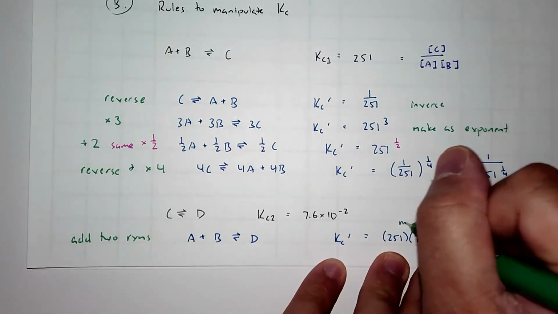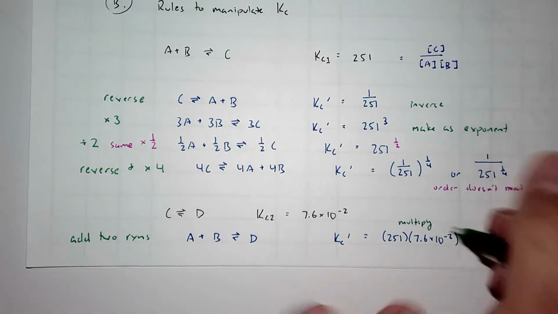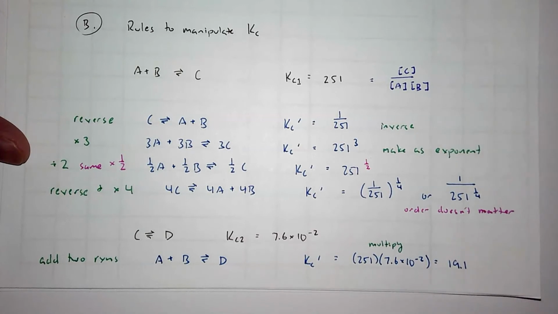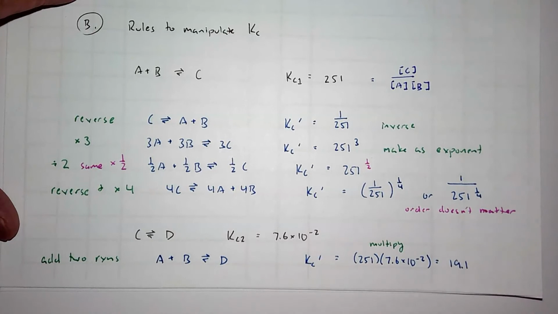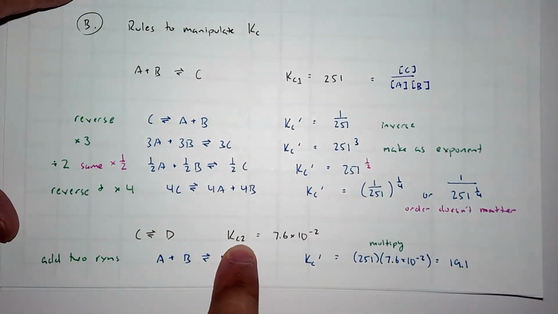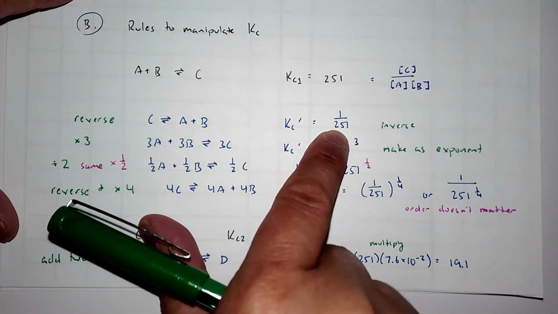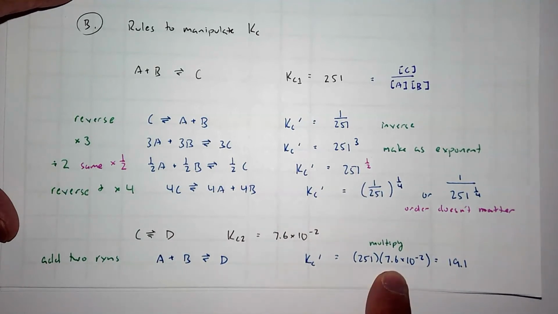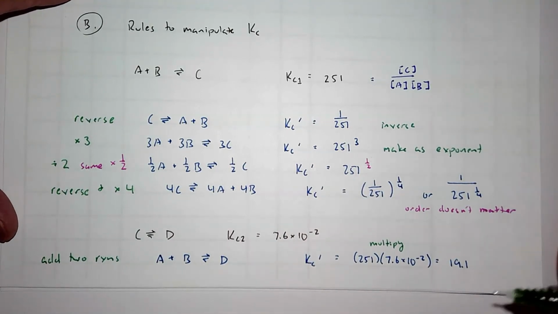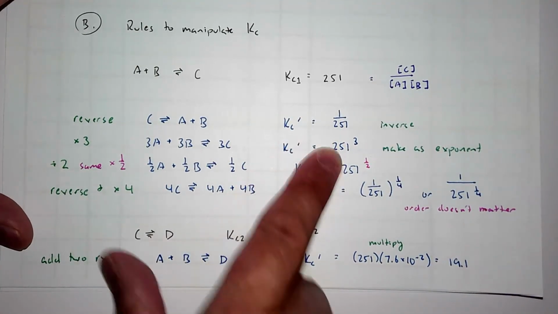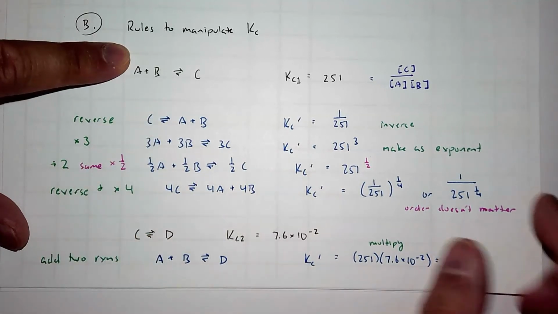I'll put it up here. Okay, not the best looking chart. When you recopy your notes or when you study, why don't you clean this up? I used real numbers, but if you want to just use Kc1 and Kc2, you could say 1 over Kc1, or Kc1 to the 3, or Kc1 times Kc2. But I like to see what I need to punch in the calculator to do this type of calculation.